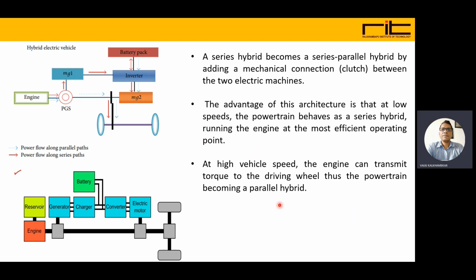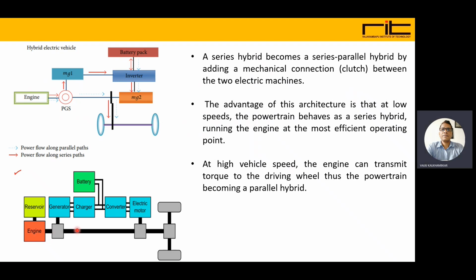The advantage of this architecture is that at low speeds, the powertrain behaves as a series hybrid, running the engine at the most efficient operating point. At high vehicle speed, the engine can transmit torque to the driving wheel, thus the powertrain becomes a parallel hybrid.